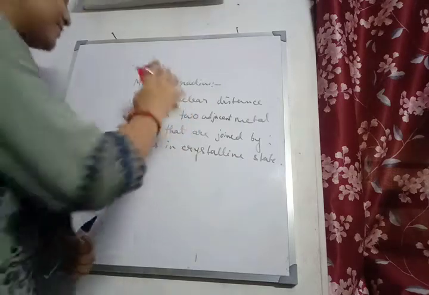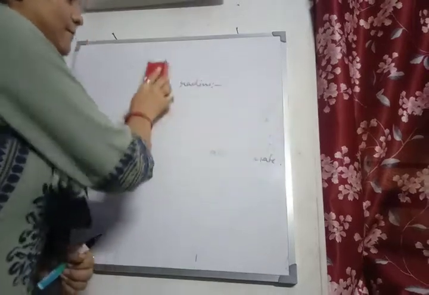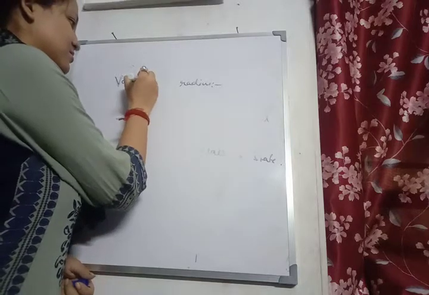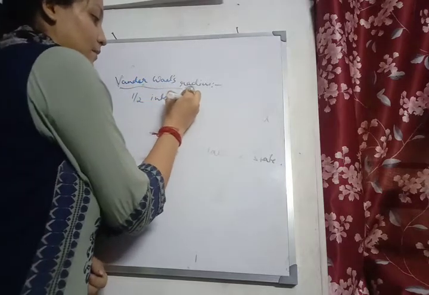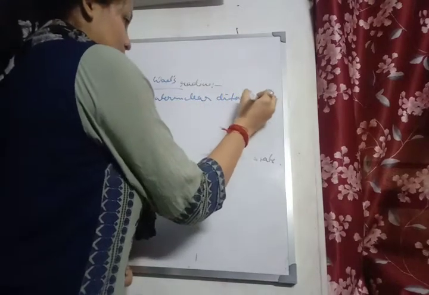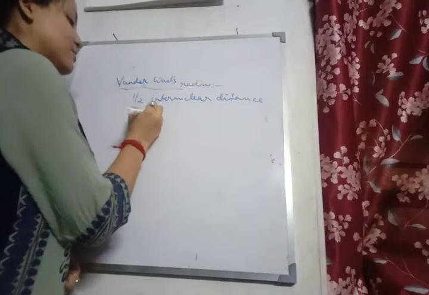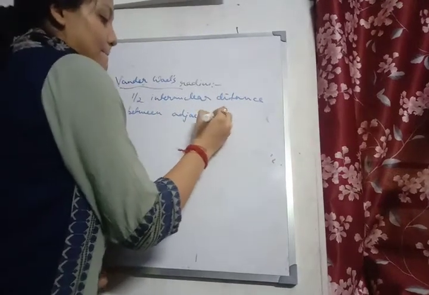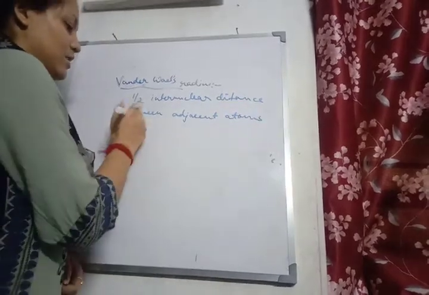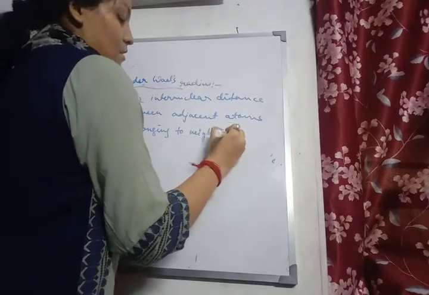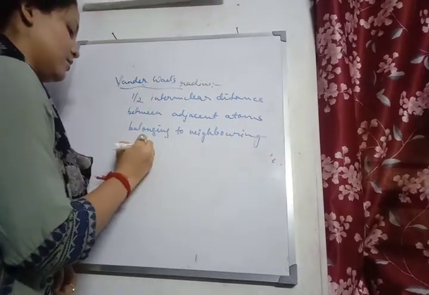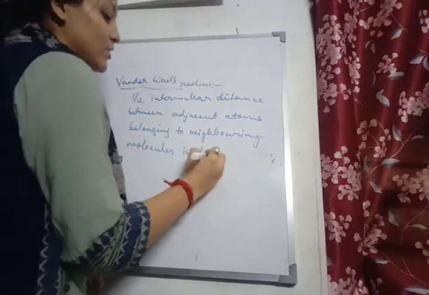Next, we have van der Waals radius. It is half the internuclear distance between adjacent atoms belonging to neighboring molecules in their solid state.